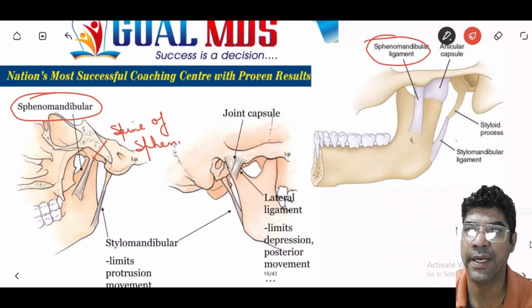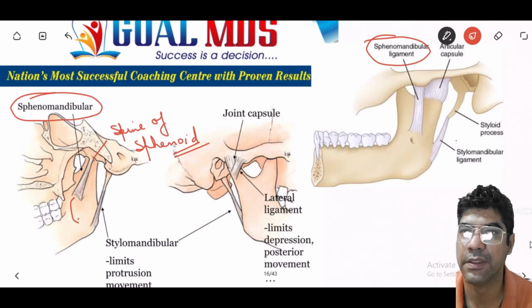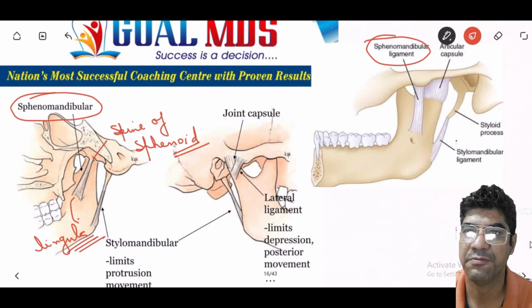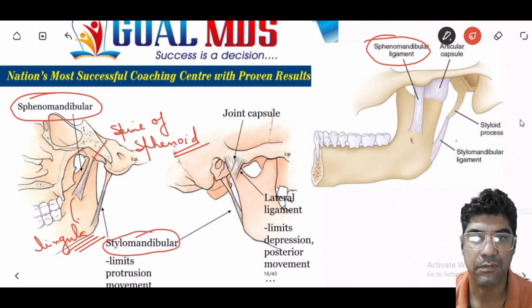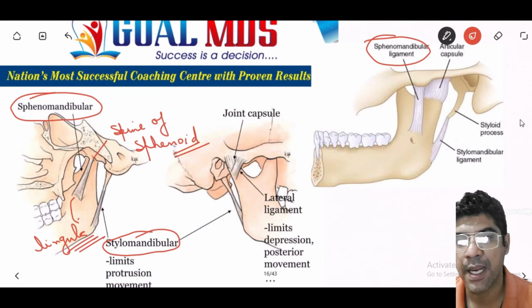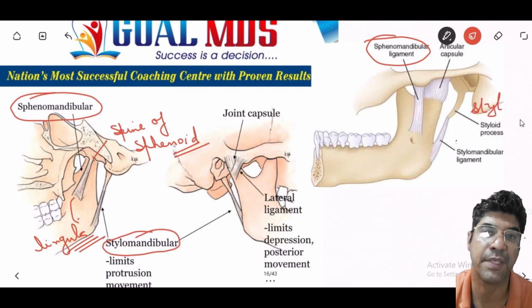The sphenomandibular ligament originates from the spine of the sphenoid bone and is inserted into the lingula of the mandible, that is present on the inner surface of the mandibular ramus. This ligament helps to limit the excess movement of the mandible, and it contributes to the stability of the TMJ.